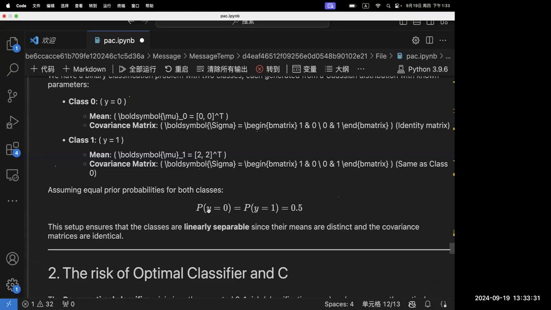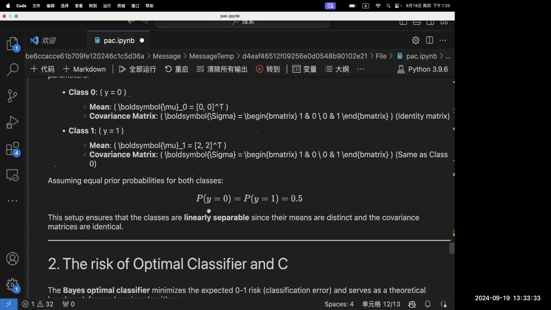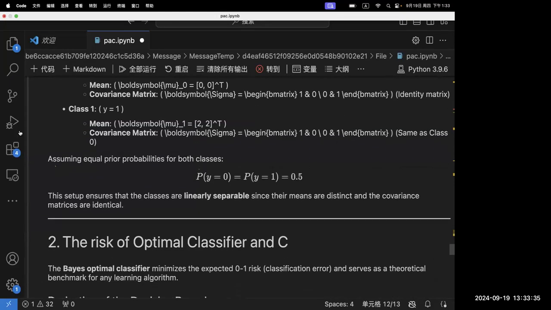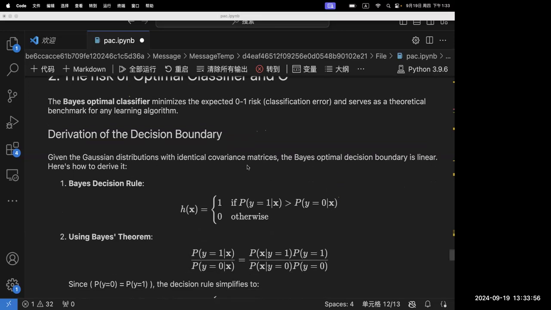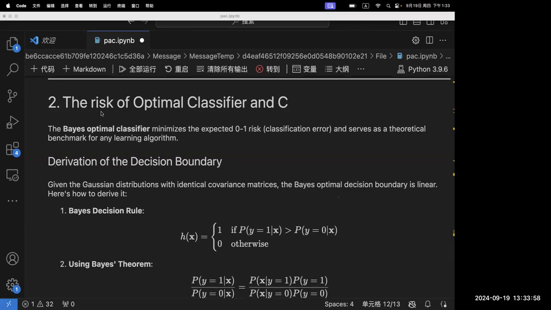We know that they are both Gaussian, and we know that the distribution of the label is balanced. We know that the prior of y equals 0 and the prior of y equals 1 are both 0.5. Now we will show how to use the Bayes decision rule to obtain the optimal classifier and what its risk, its error rate, is.